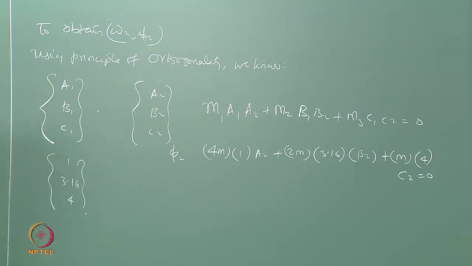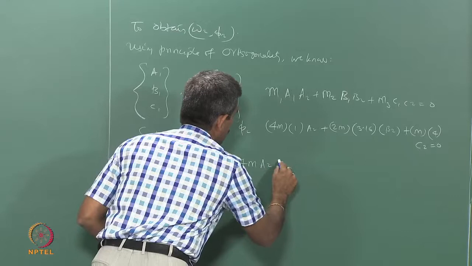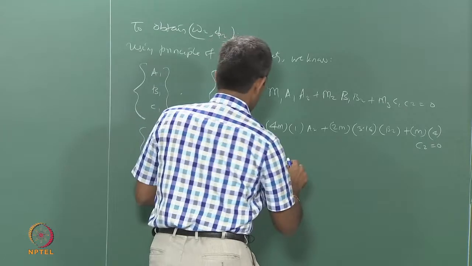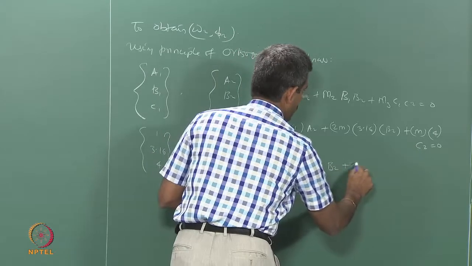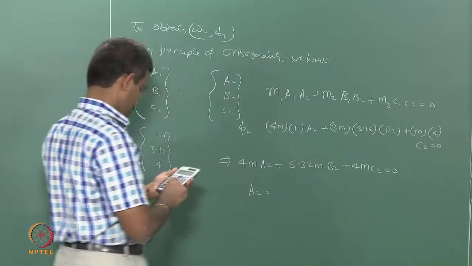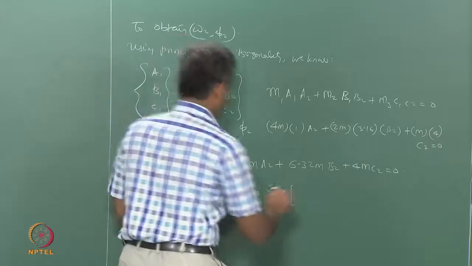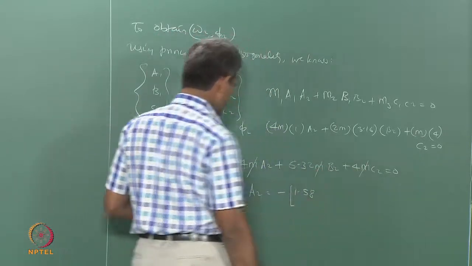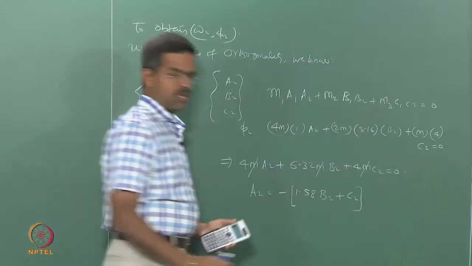So, let us expand this equation: 4m of a2 plus 6.32 m of b2 plus 4 m of c2 equals 0. Therefore, I can say a2 is minus of 1.58 b2 plus c2, because m goes away anyway. Is that okay?